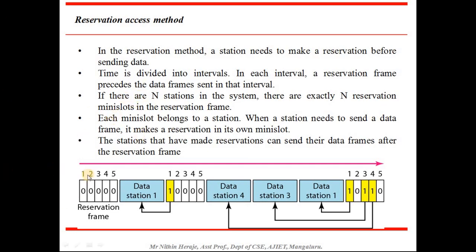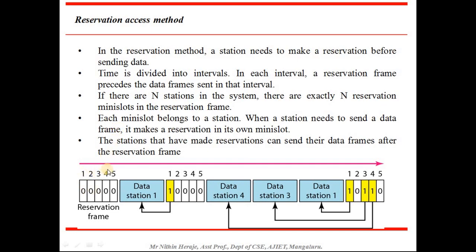So you can see in this diagram, there are totally 5 slots in the reservation frame, which means there are 5 stations, where n is 5. Each mini slot belongs to a station.